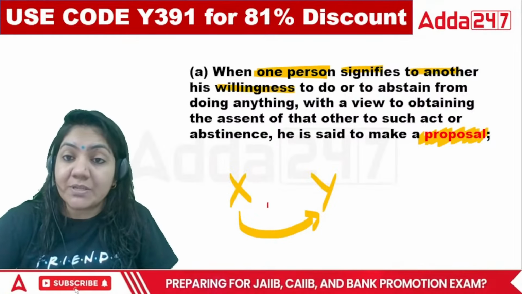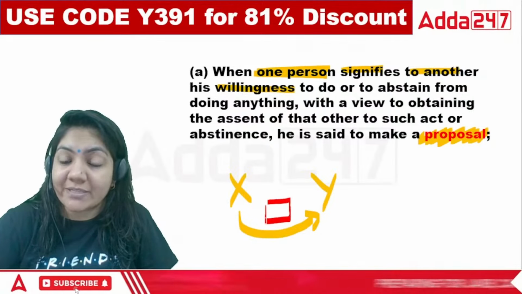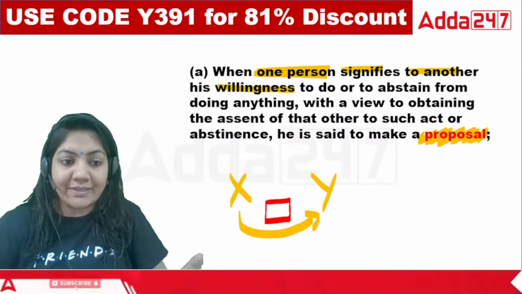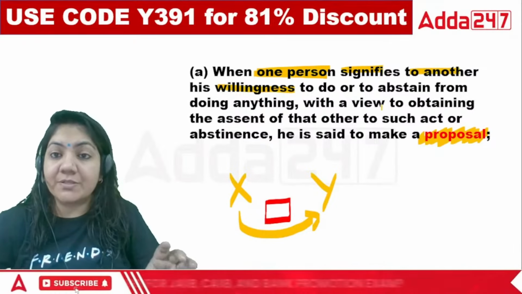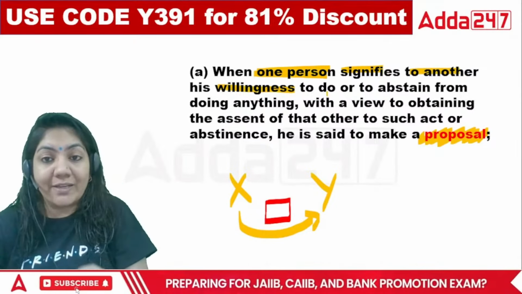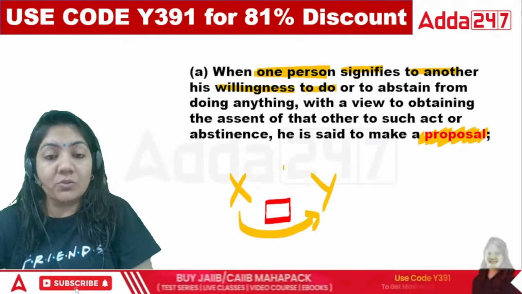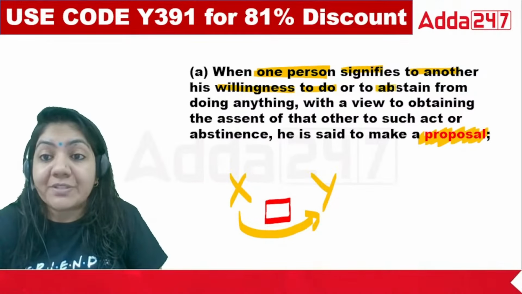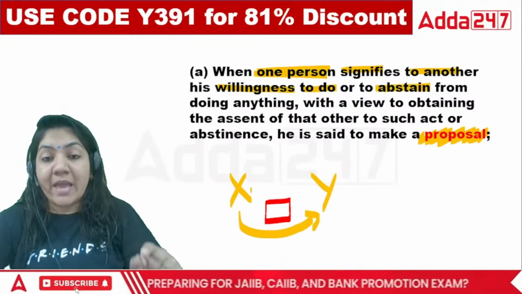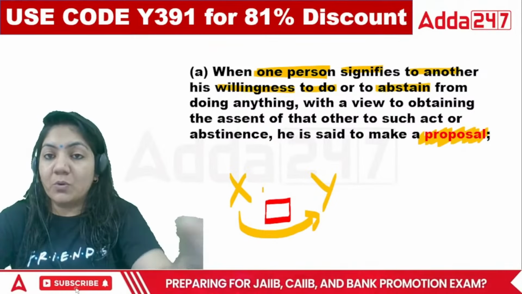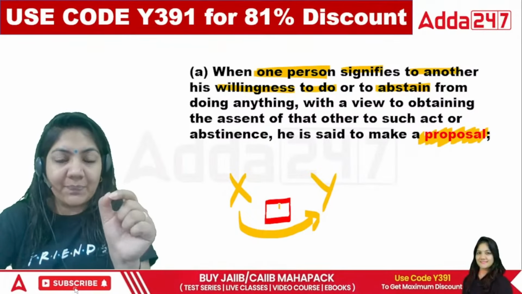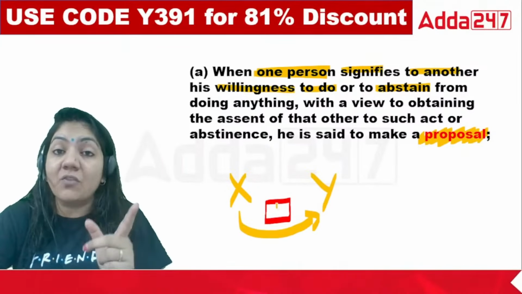So if X signifies his assent, suppose X wants to sell his car to Y. In that case, X signifies to Y his willingness to do something, that X will sell this red car. And to abstain, what is abstain? X will not sell the blue car but only the red car. So the word not indicates the negative offer.